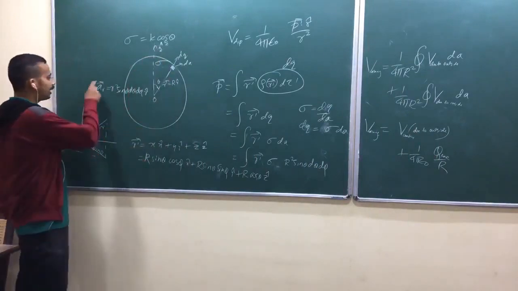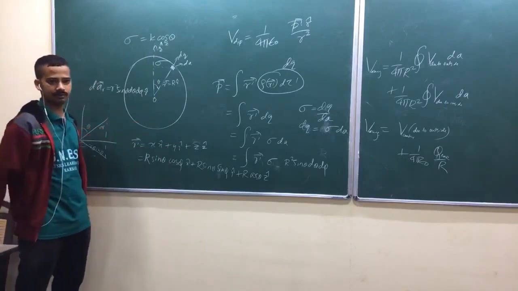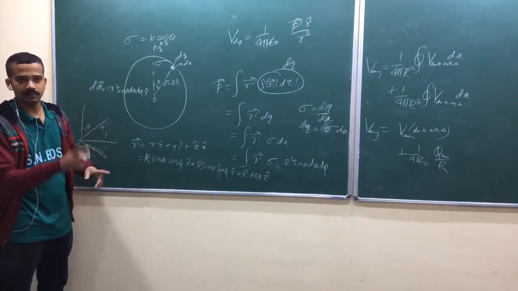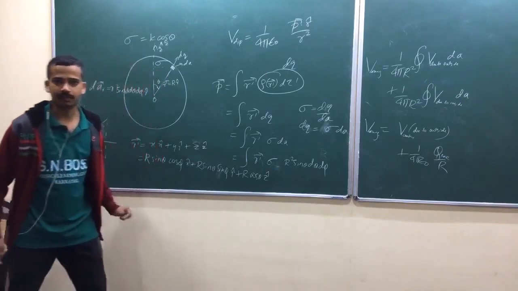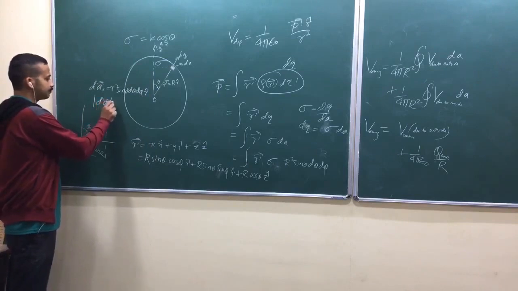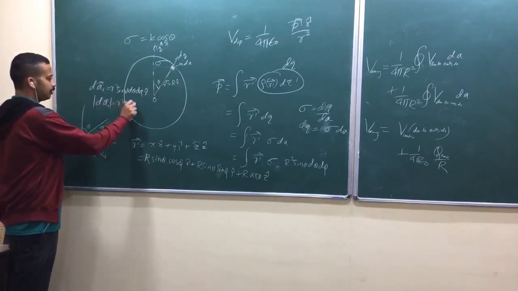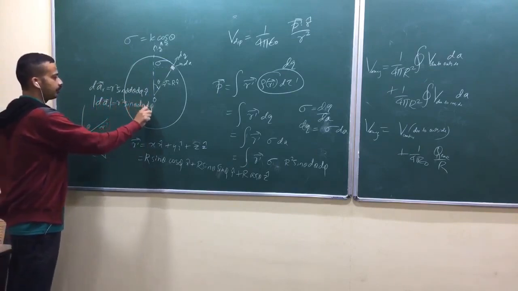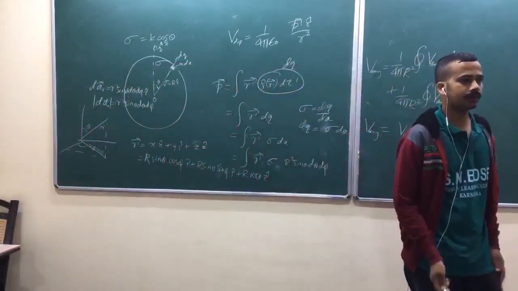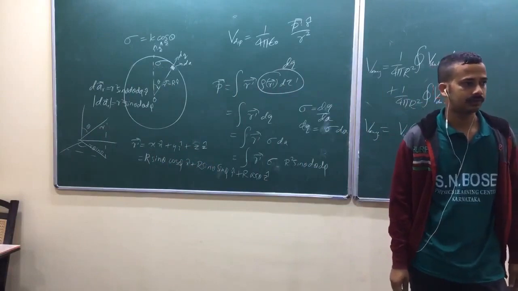Now I need the magnitude of this one. Here I don't need the vector. In our surface integral we used it as a vector, E dot dA, but here I need the mod of dA_r, r square sin theta d theta d phi. But you are talking about the surface of radius capital R, that's why I put r square equal to capital R square. Is it clear?